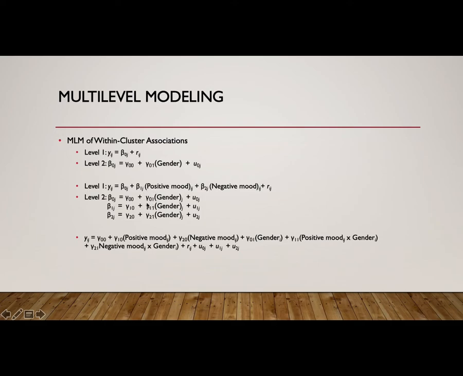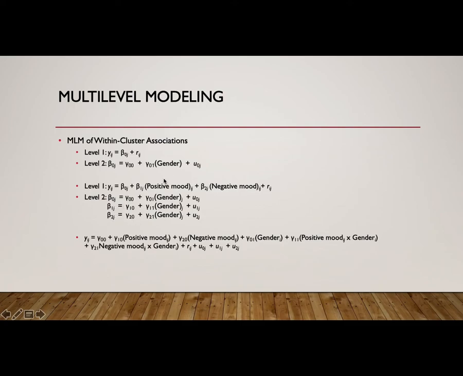differences in work stress. If this is a statistically significant effect, then we would say that there are gender differences on this slope, which is this slope right here, right? That means gender moderates the relationship between positive mood and work stress. And if this is statistically significant, then it's an effect on this slope, because notice we're predicting the slope.